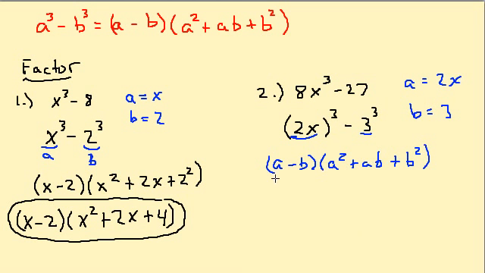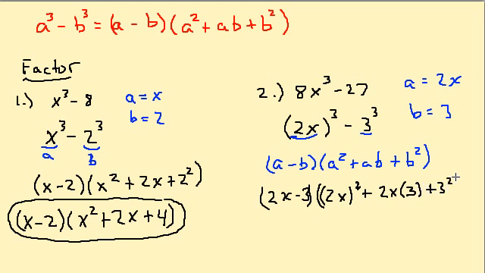So I'm going to get a minus b, so that's 2x minus 3, times a squared, that's 2x squared, plus a times b, plus b squared.